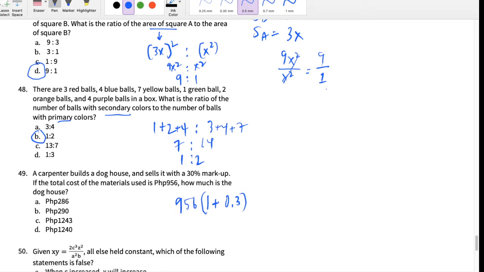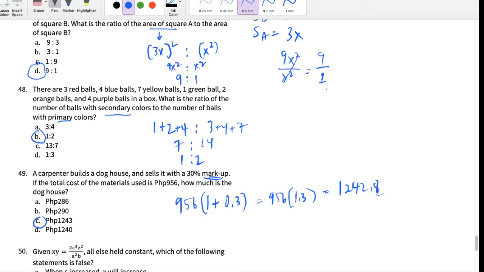Plus kasi markup. Okay? So, 956 times 1.3, you should get 1,242.8. Okay, so since wala silang decimal lahat, round up kasi 8. Letter C.